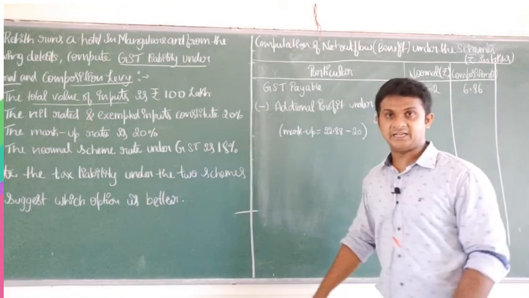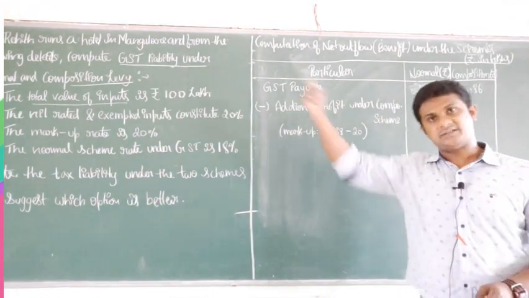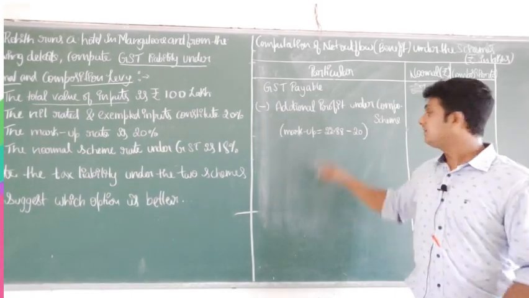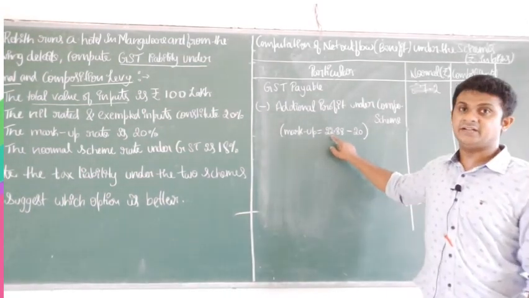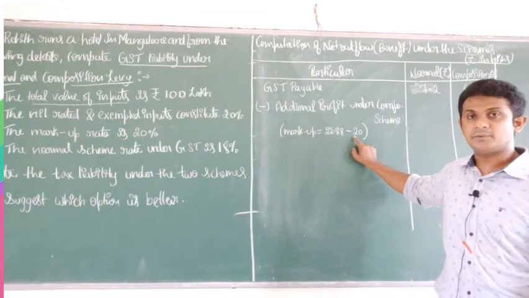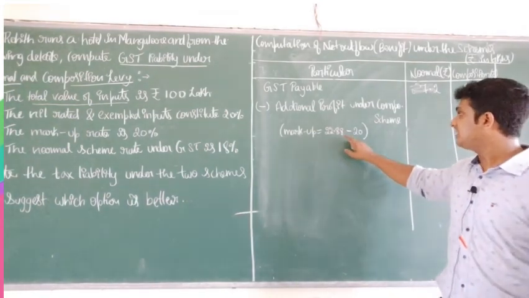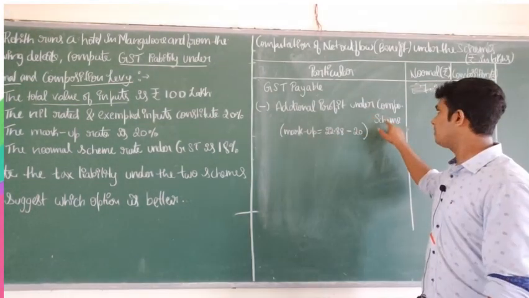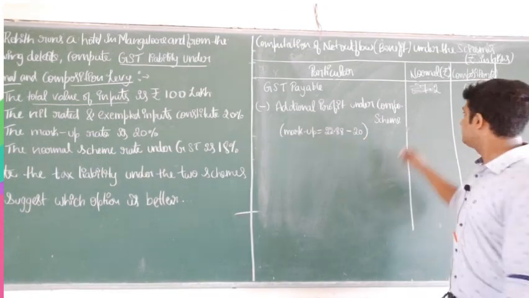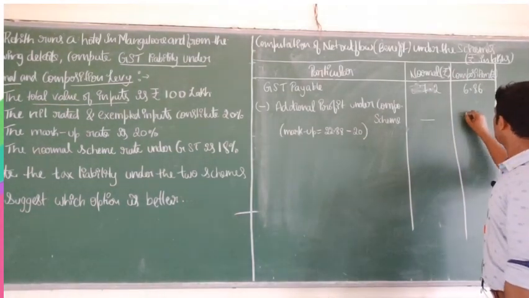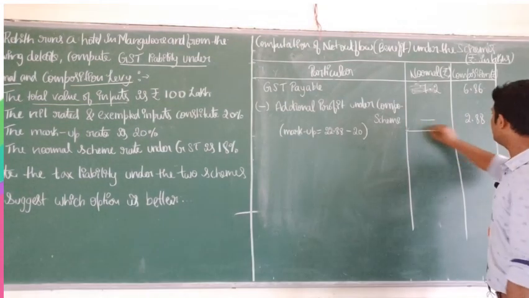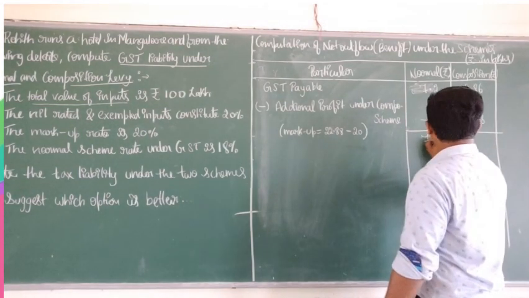That means if the trader, Rohit, goes for composition scheme, he will earn a profit of 22.88, whereas if he goes for normal scheme, he will earn a profit of 20 lakhs rupees. That means there is an additional profit in case of composition scheme, which is 22.88 minus 20, which is equal to 2.88 under composition scheme. Now we will deduct this value.